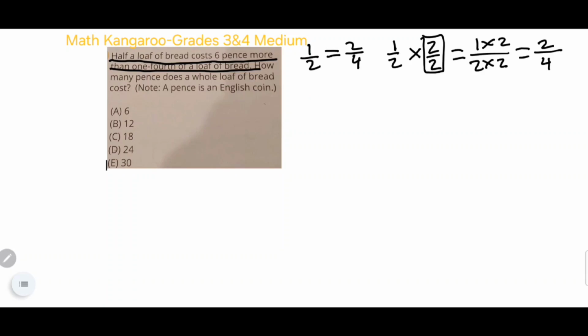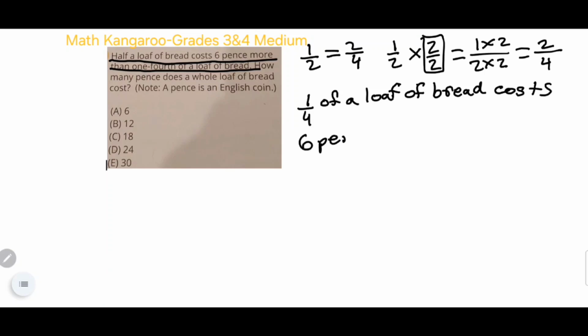2/4 is greater than 1/4 by 1/4. So, 1/4 of a loaf of bread costs 6 pence.